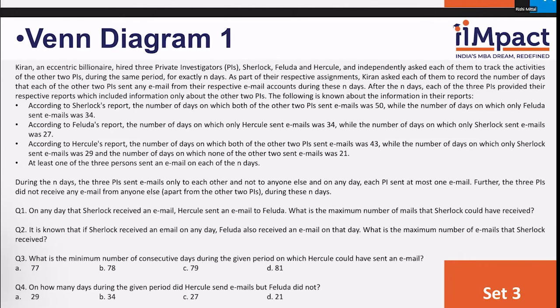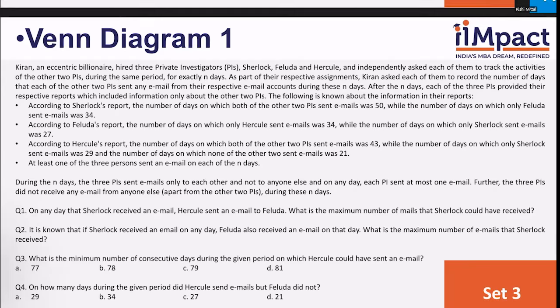So after the n days, they provided the respective reports. And then we have a couple of clues. And I've been given a simple cautionary rule over here that during the n days, the three PIs sent emails only to each other and not to anyone else. And on any day, each PI sent at most one email.